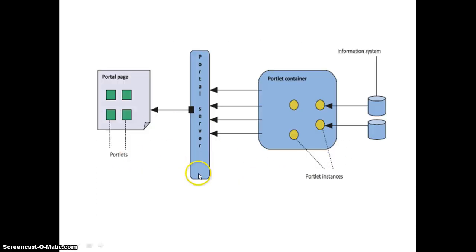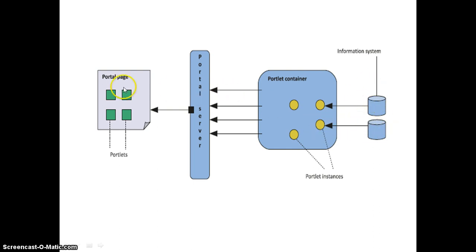If you see the flow over here, there is a portal page which holds these four portlets. Then the portal server is in between, then the portlet container is there, and then there are multiple instances communicating with the database, and a result flows back.